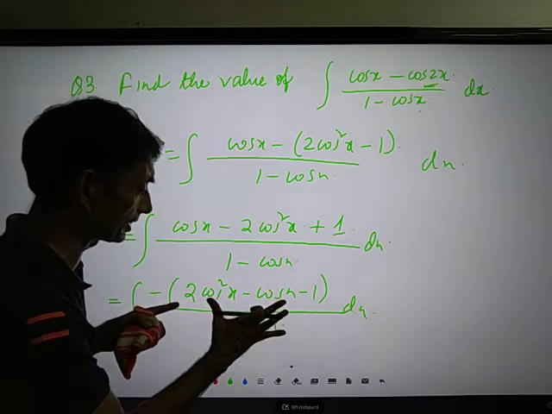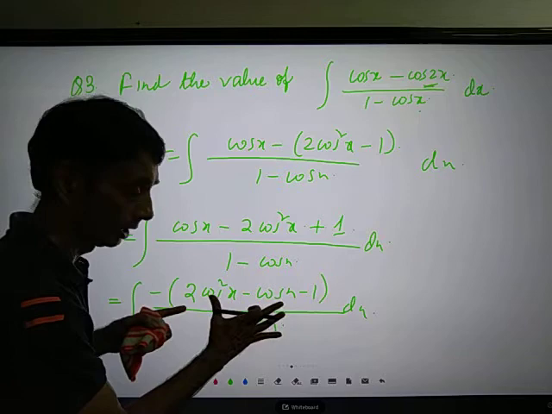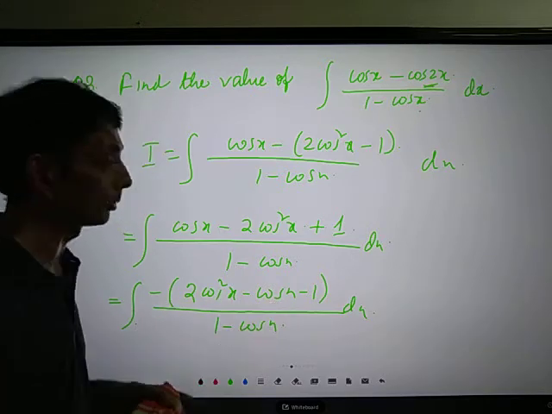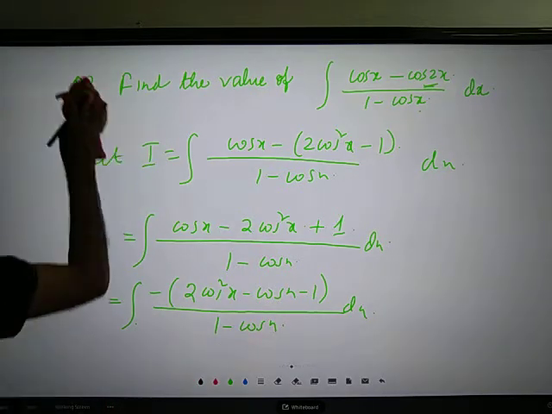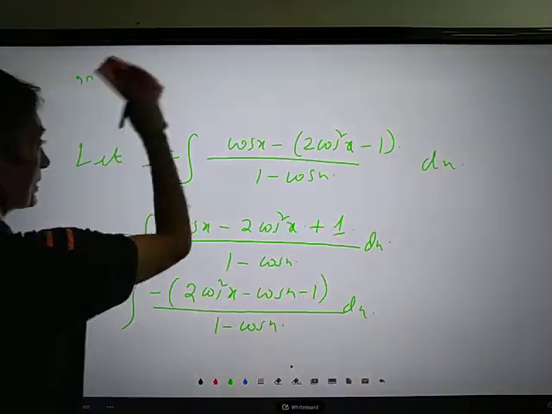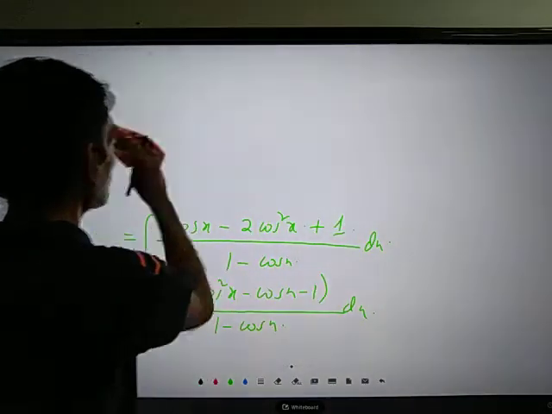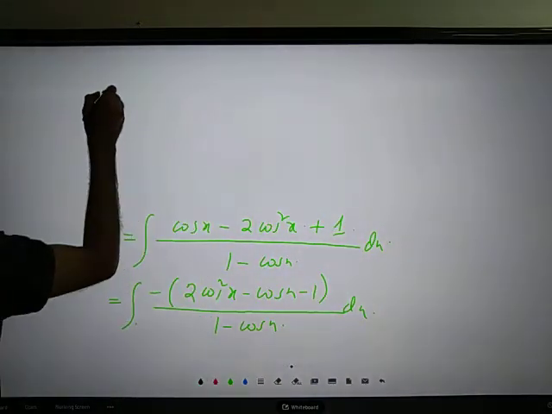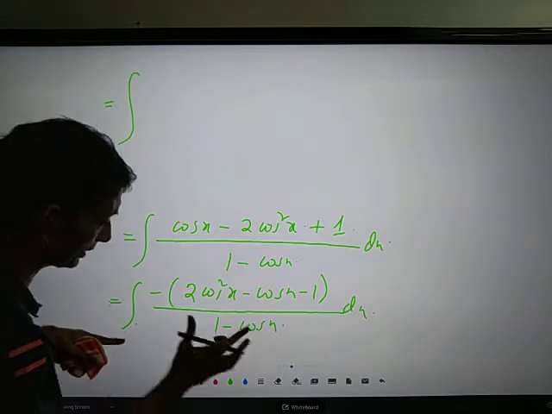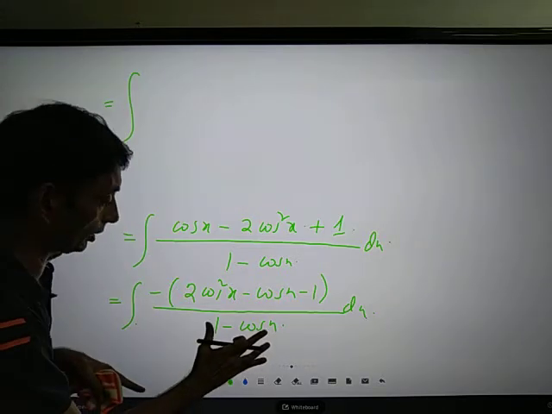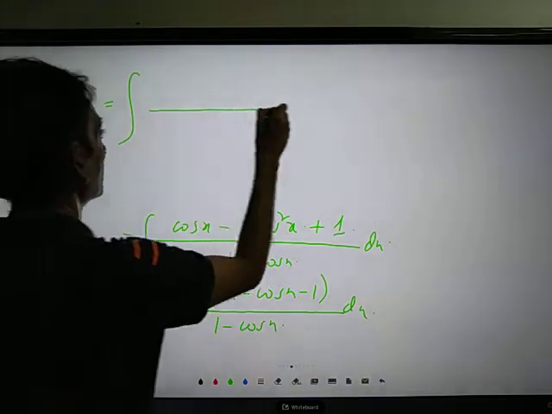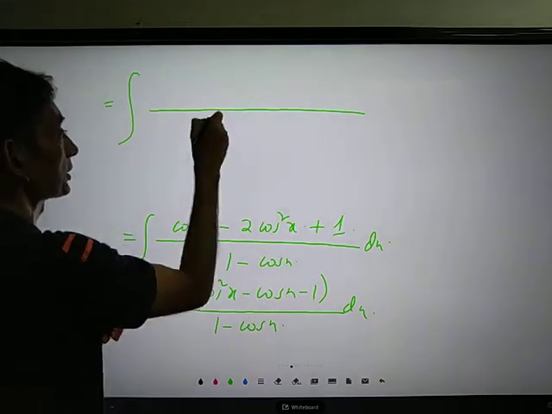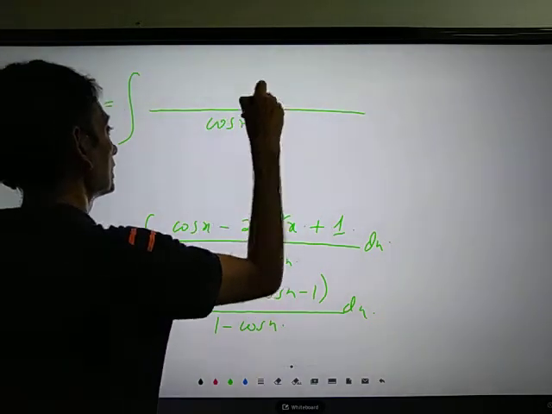It's a very simple expression. You can factorize this expression in terms of 1 minus cos x. So let us factorize this numerator. We'll use the minus sign to reverse the sign of the denominator, so instead of keeping the minus sign, we write cos x minus 1.